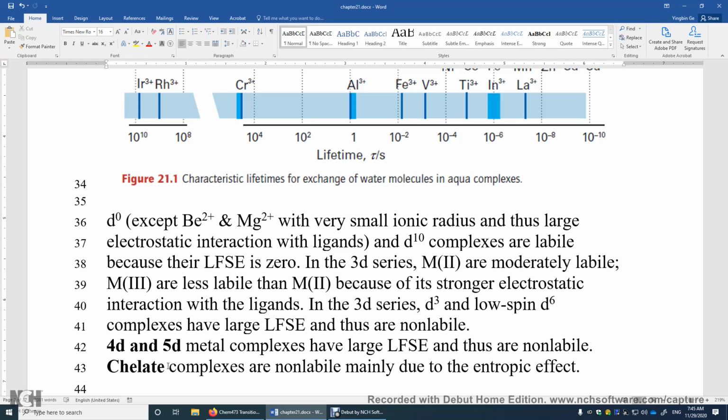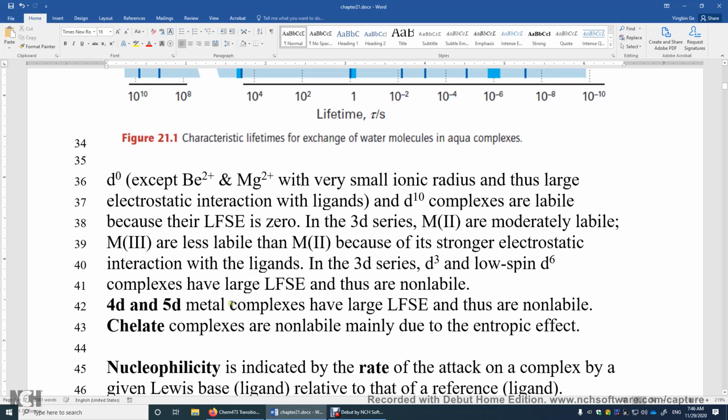Statistically, it's very, very unlikely for 6 separate ligands to replace this EDTA simultaneously. And that's actually the entropic effect.